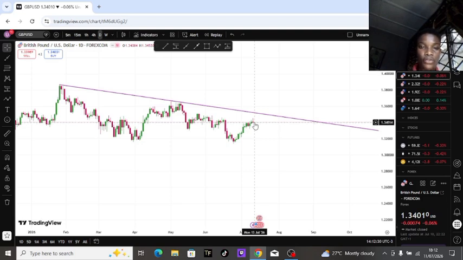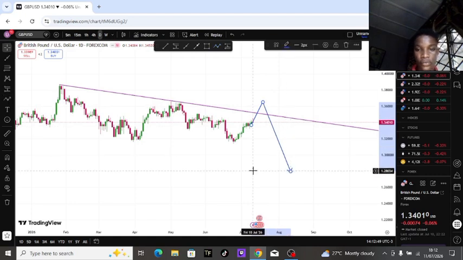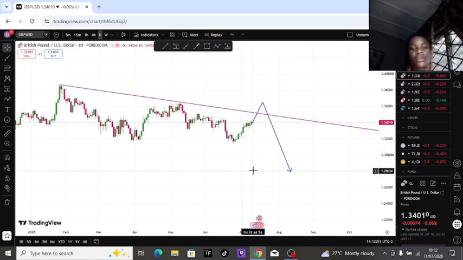If we have a fake out right here, I mostly would think that we are going to have something like this, a fake out around here coming close, then a pullback right there.